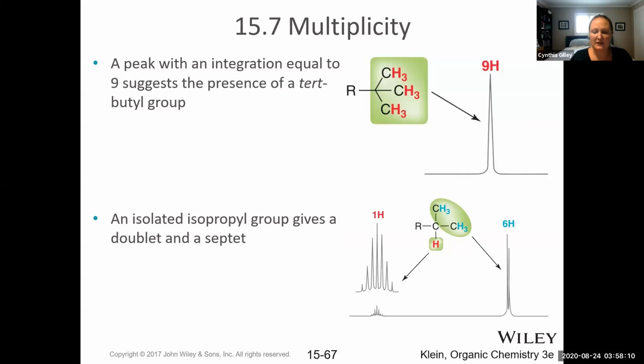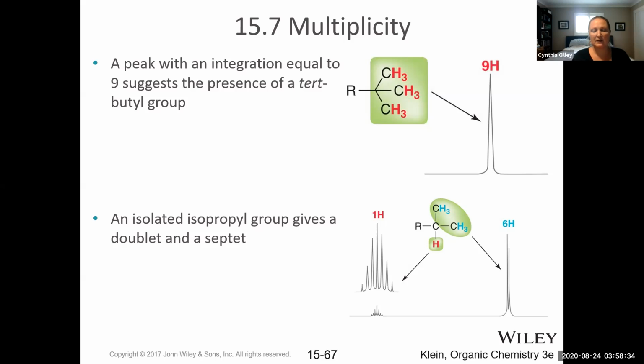What are some other patterns to look for? Really diagnostic, you should pick it up very quickly, is if you see a singlet that integrates for 9 hydrogens, right? How else are you going to realistically get 9 equivalent hydrogens? The most common way to do that is through a tert-butyl group. Is it possible another way?